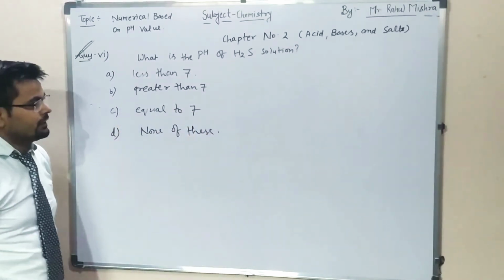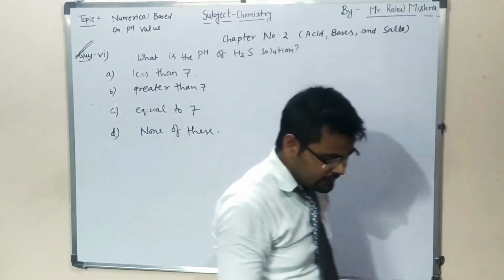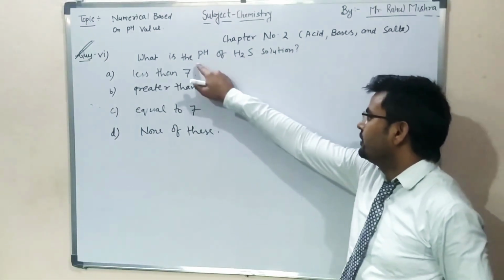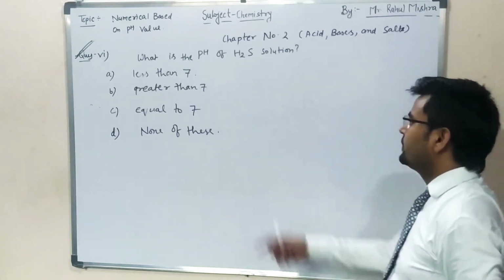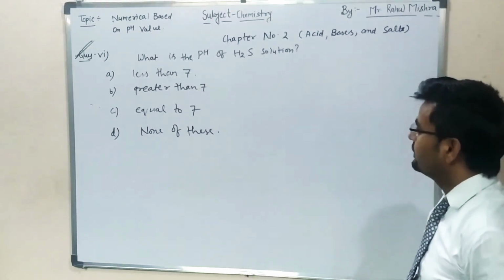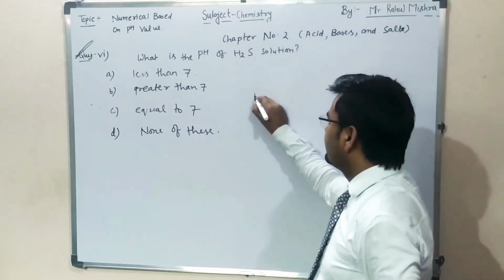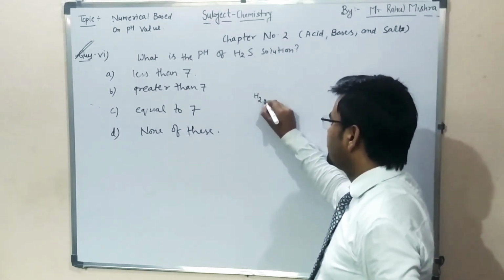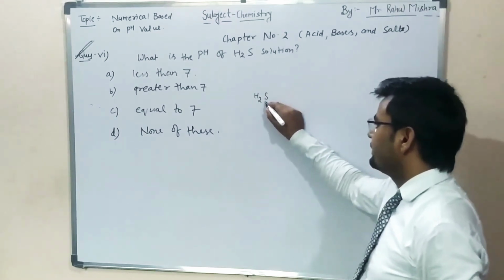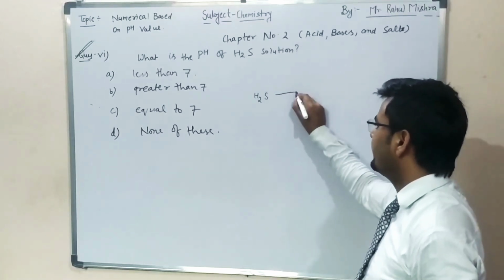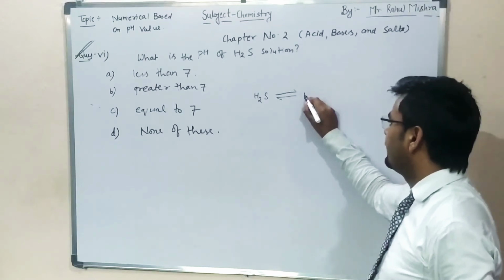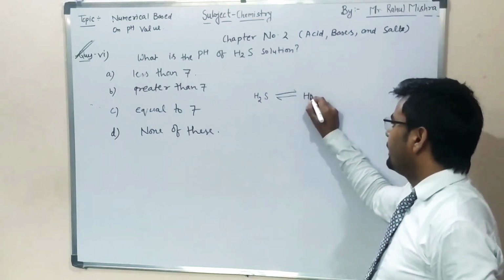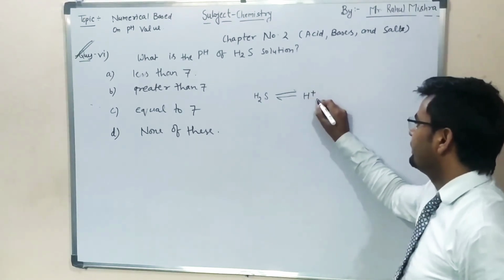So how will you solve this question? आप इस question को कैसे solve करेंगे? So you have to find out the pH of H2S solution. So listen, we all know that H2S, when it breaks, will form H plus ion.